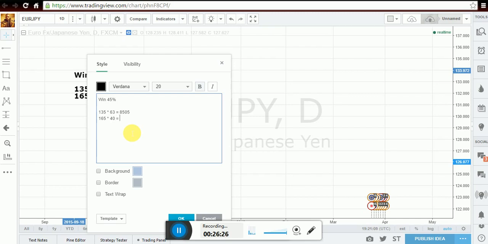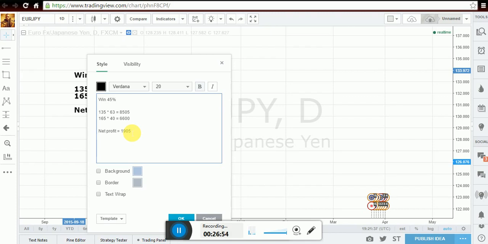So we're going to have a total loss of 6,600 pips. So we're going to have a net profit of 1,905 pips.